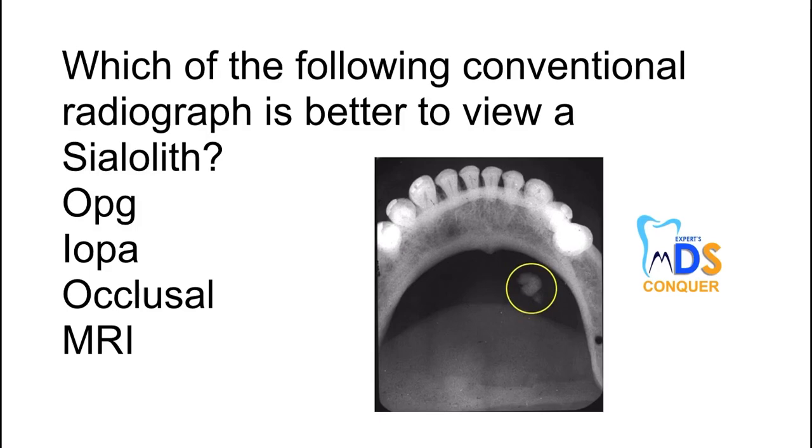Other indications of occlusal radiograph are to see any supernumerary teeth, sialoliths and other calcifications, and also to know any buccolingual expansion of tumors. So for all this the occlusal radiograph is indicated.